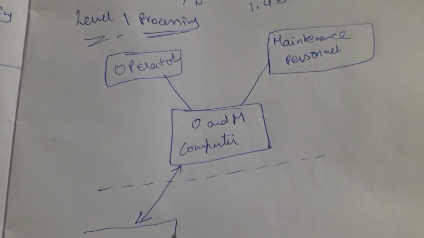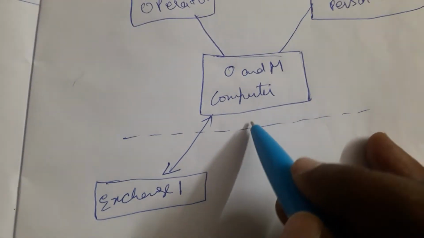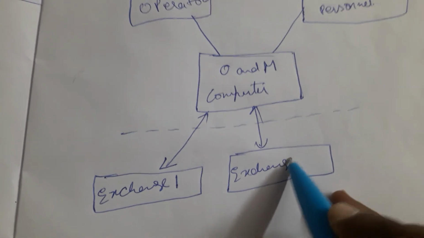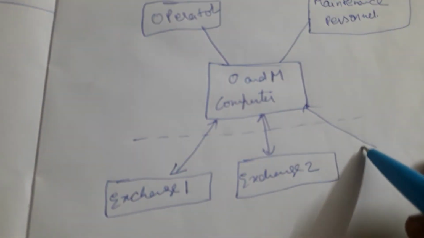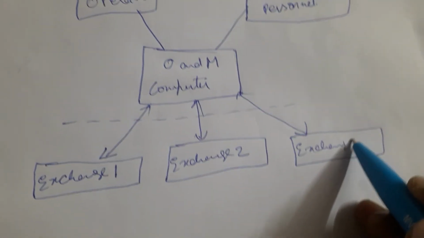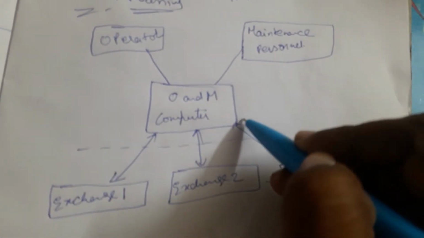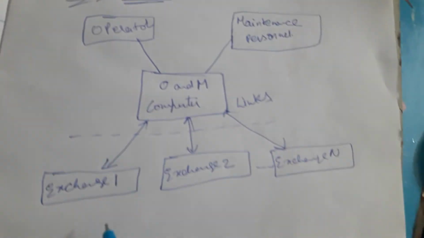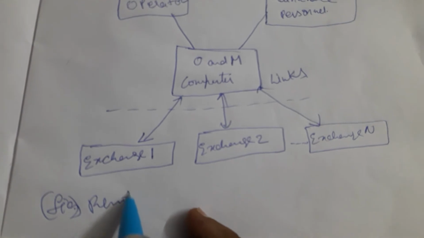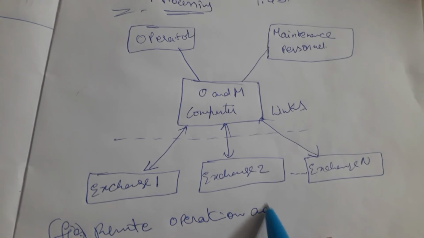And this is exchange 1, exchange 2, and exchange N. These are the links. This figure is remote operation and maintenance.